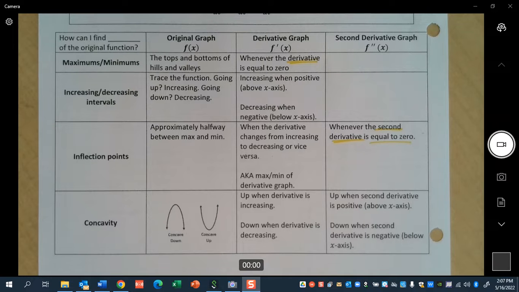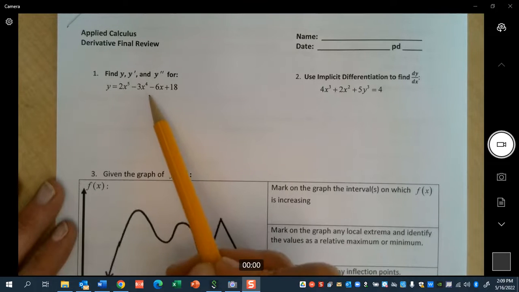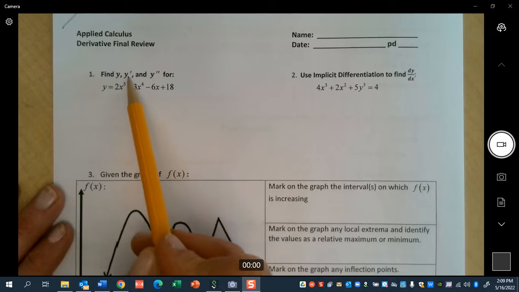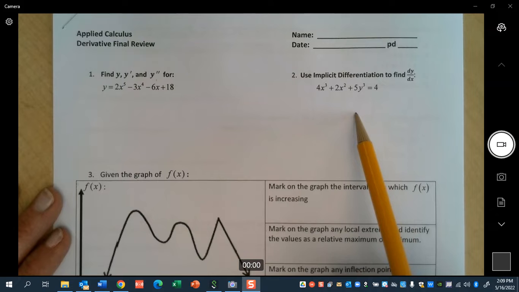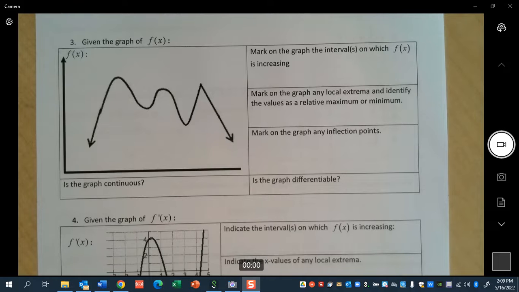All right, so we have a choice. Ready? A review of finding first and second derivatives and a review of implicit differentiation. A review of marking on the graphs where things are increasing and decreasing, continuous and differentiable.